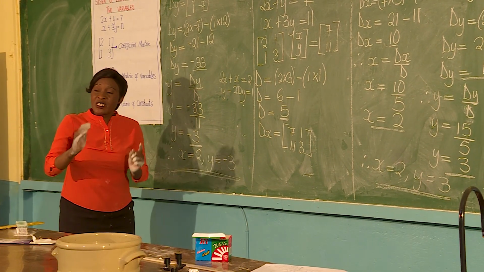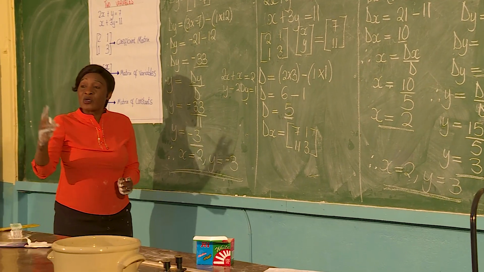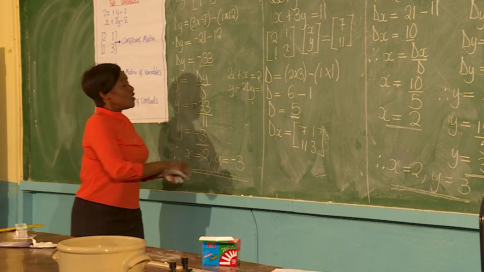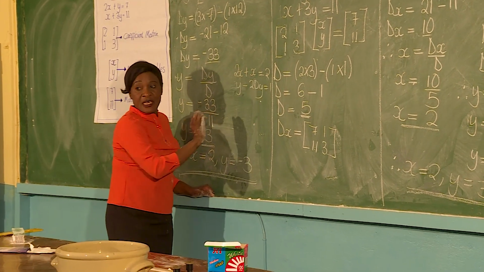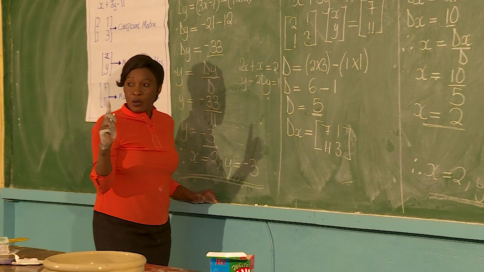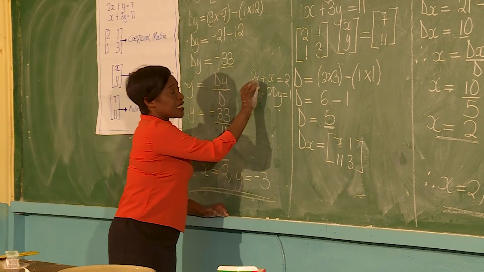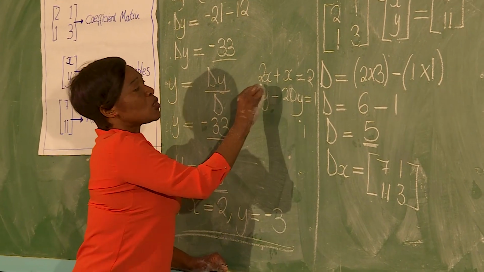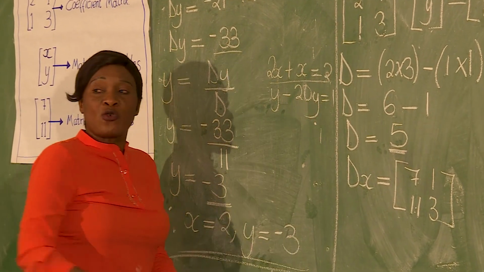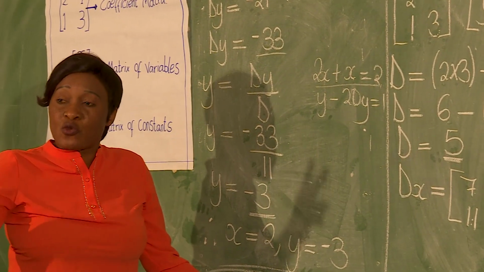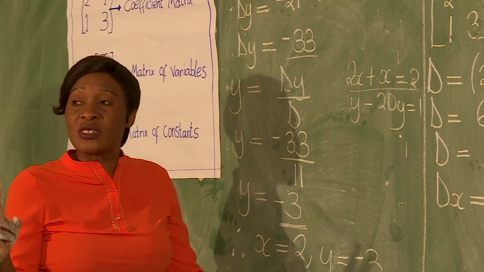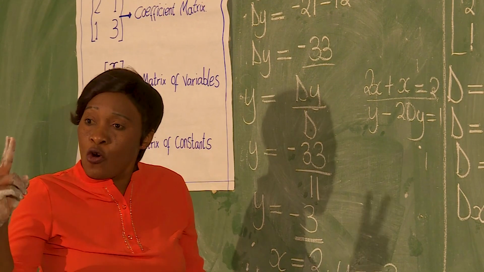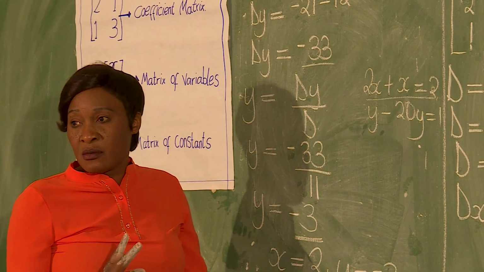They are saying equations in 2 variables. So the variables are supposed to be how many? 2, which are different. When you give me x and x here, it means you have one variable. You understand? Yes. This is x and this is x, so you have one variable. This is y and this is y, you have one variable. So in one equation, you're supposed to have two variables which are different. This is the more reason why it is called linear equations in two variables.